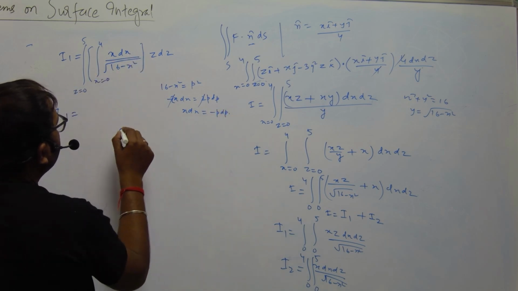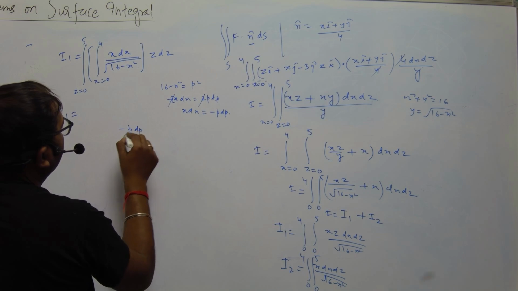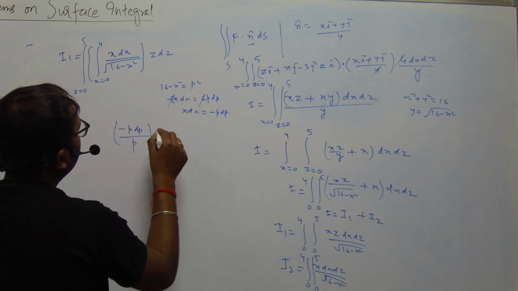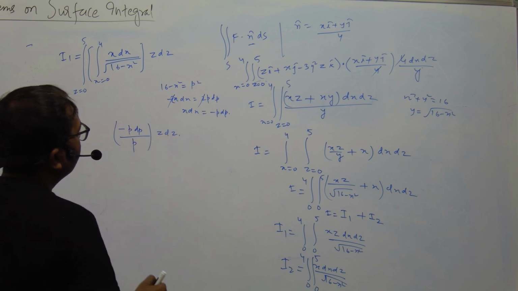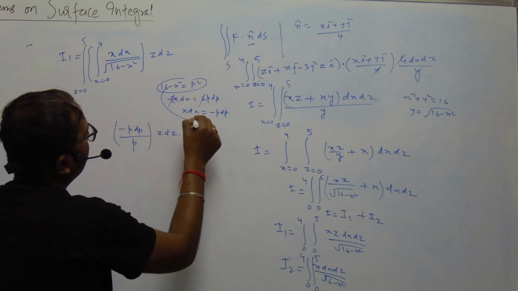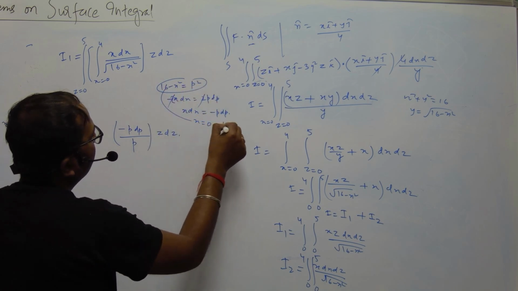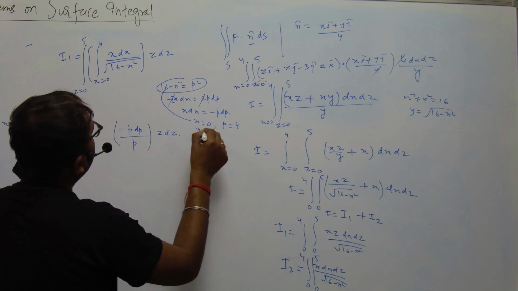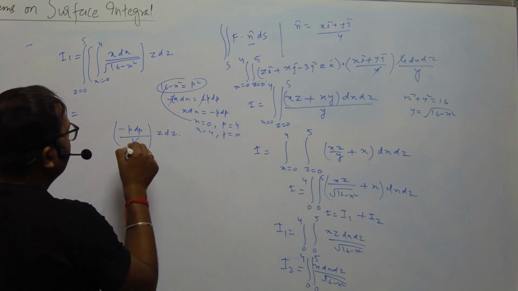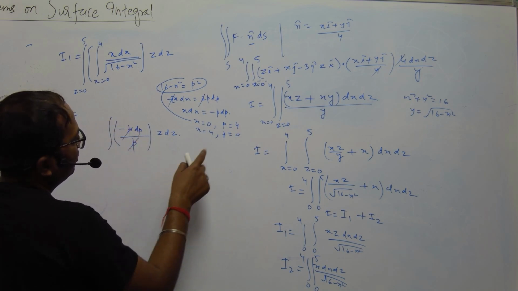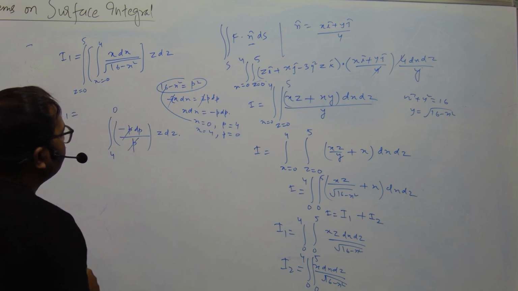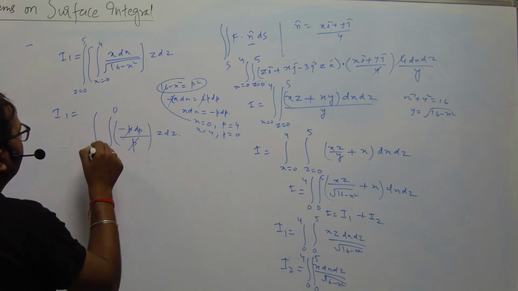So we have minus p dp upon root of 16 minus x square, times z dz. When x is equal to 0, p is equal to 4, and when x is equal to 4, p is equal to 0. The limit of p is 4 to 0, and the z limit is 0 to 5.